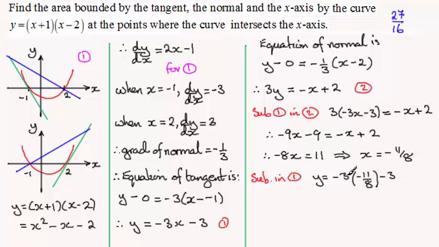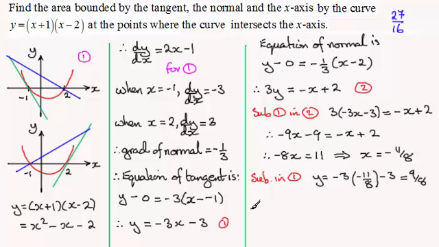And if you work this out, we've got plus 33 over 8 minus 3 whole ones, that's minus 24/8, and so that's going to come out at 9/8. So 9/8.